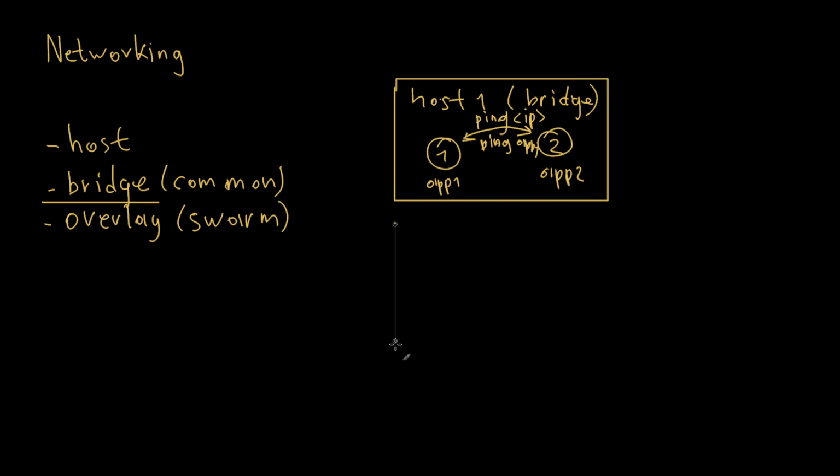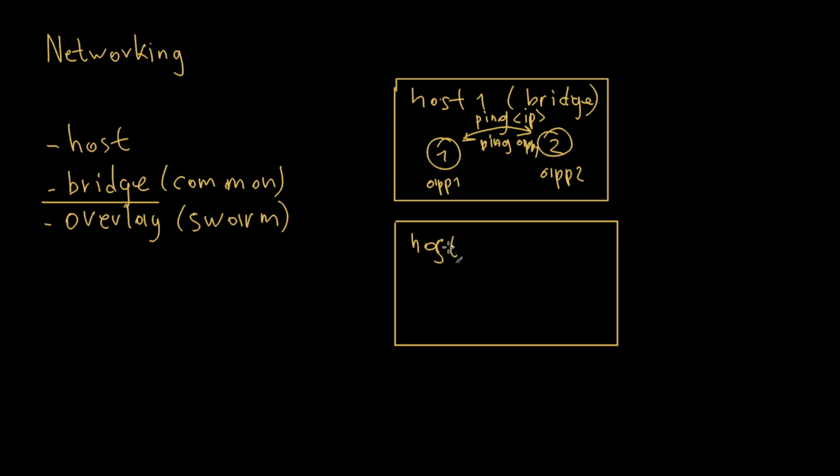And by default Docker actually uses something called a default bridge network, on host 1. If we take a look at default bridge, this is created by default.